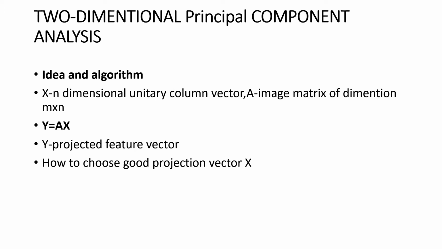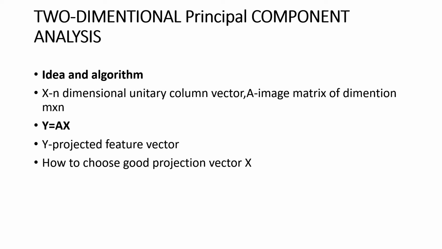Now let us discuss the idea and the algorithm used in 2D PCA. Let X denote an n-dimensional unitary column vector. Our idea is to project image A, an m cross n random matrix, onto X by the linear transformation shown in the slide, Y equals AX.